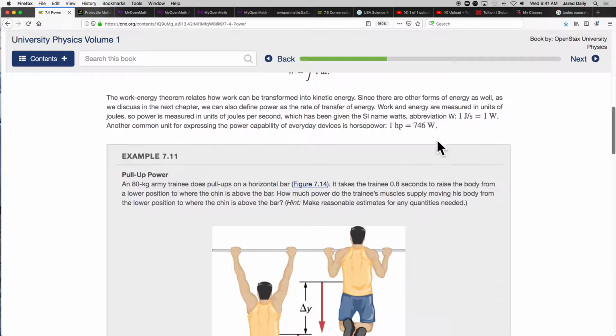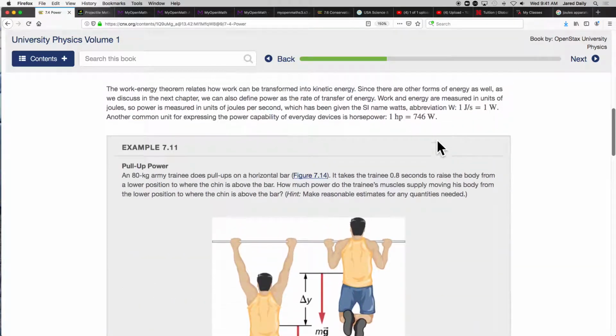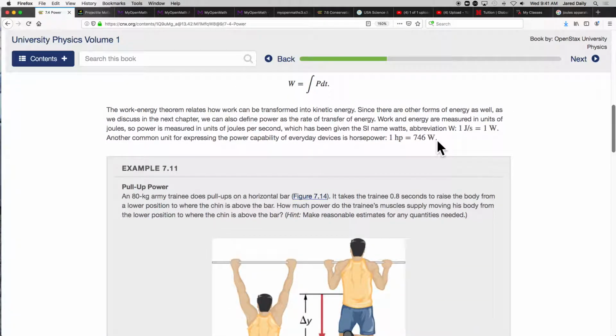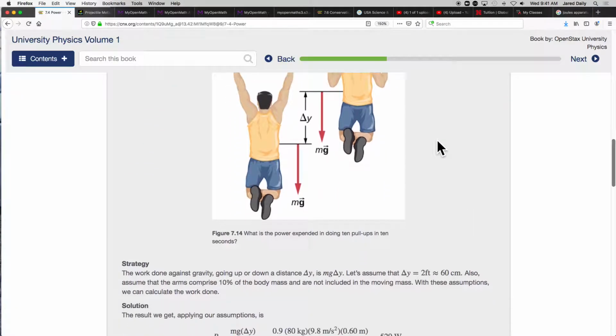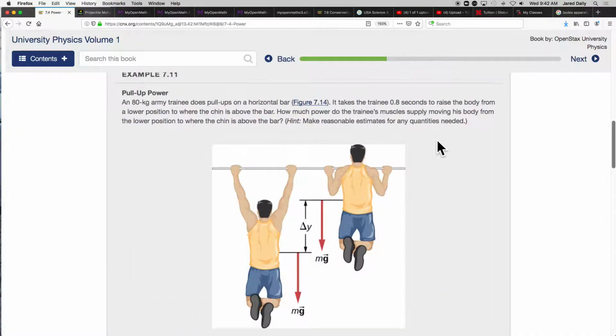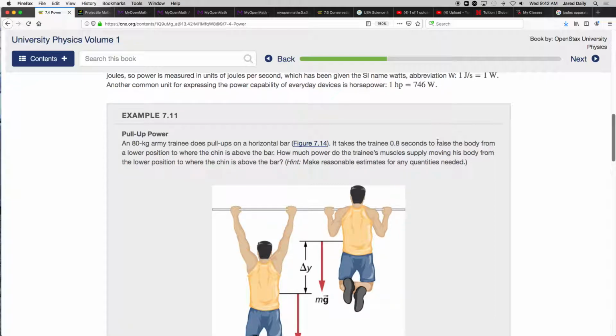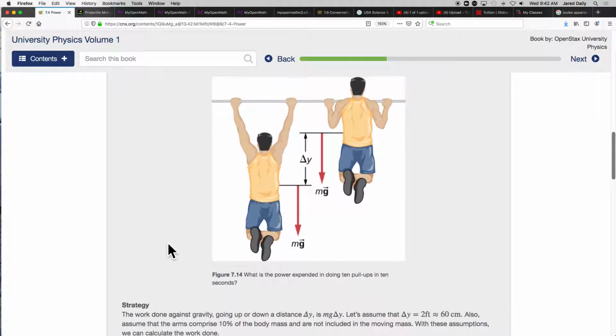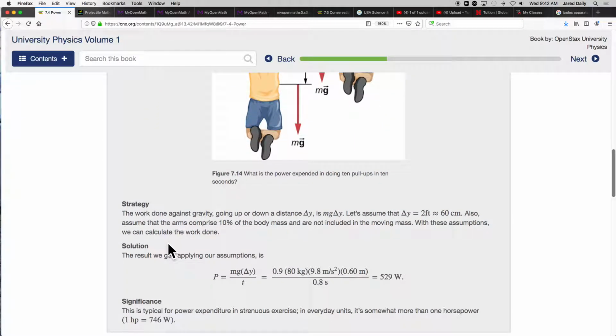Right, okay. Do they say what the distance is? I don't think they say. Oh, so they just assume, right here they assume that it's going to move about 2 feet.